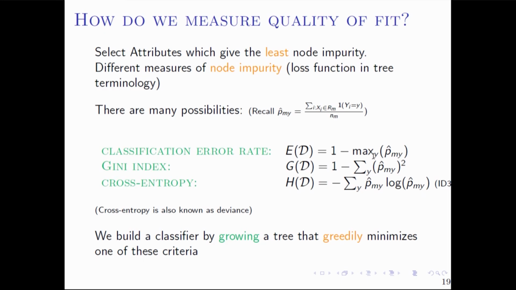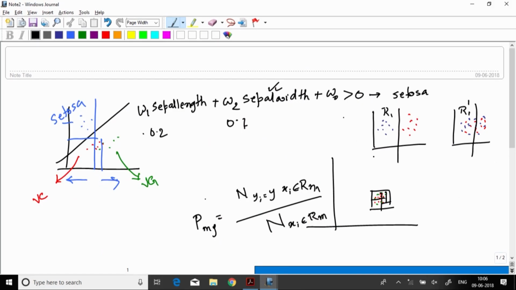Now, if in some node we have 3 blue and 1, 2, 3, 4, 5, 6 red, what will be your G of x here, red or blue? According to the majority vote, what will your prediction be for this region?